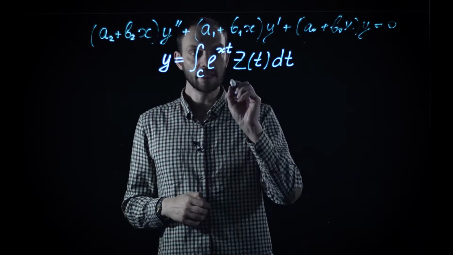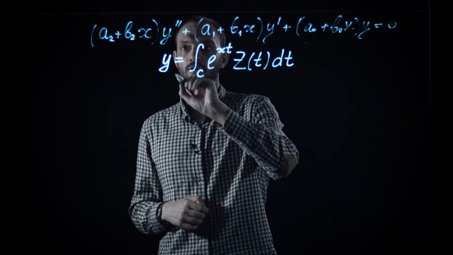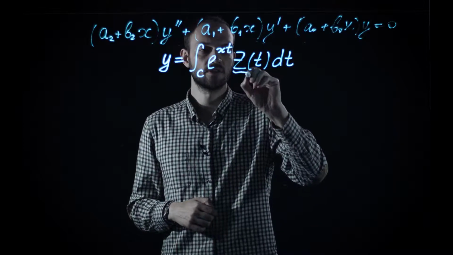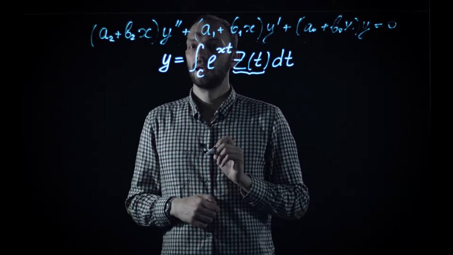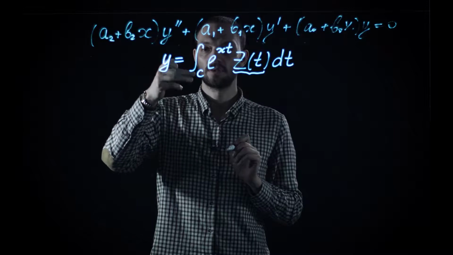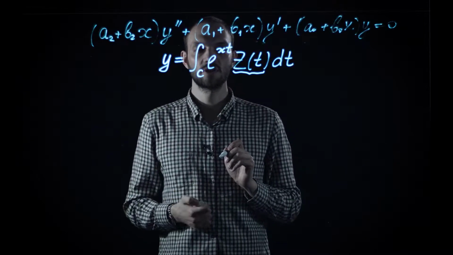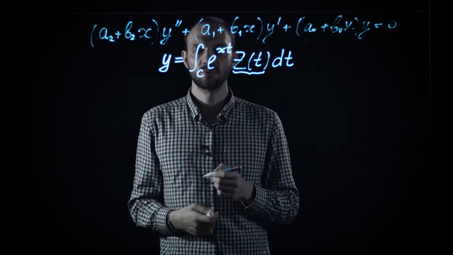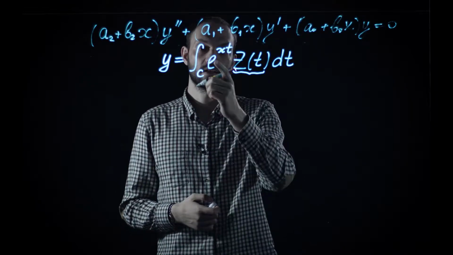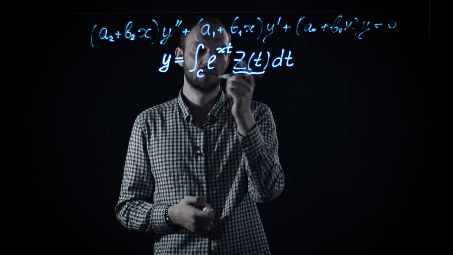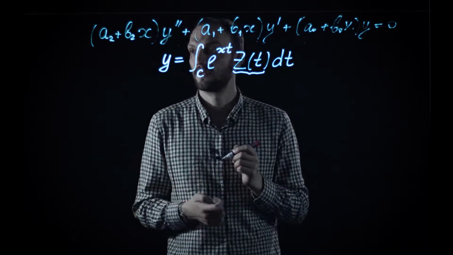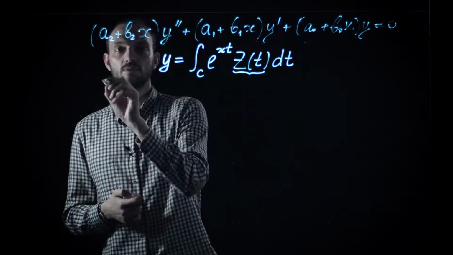Here, instead of our function of x, we introduced a function z of t. Let us now substitute the solution in this form into our original integro-differential equation. In our transformations, we will make use of the fact that the contour is chosen in such a way that the integral is well defined along this contour.